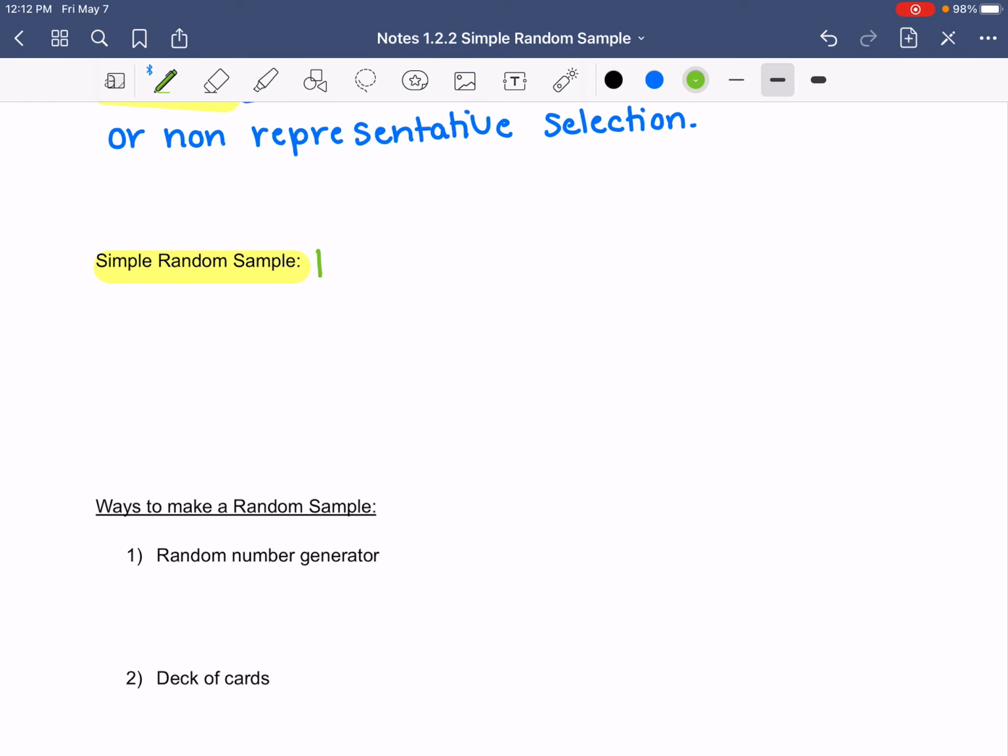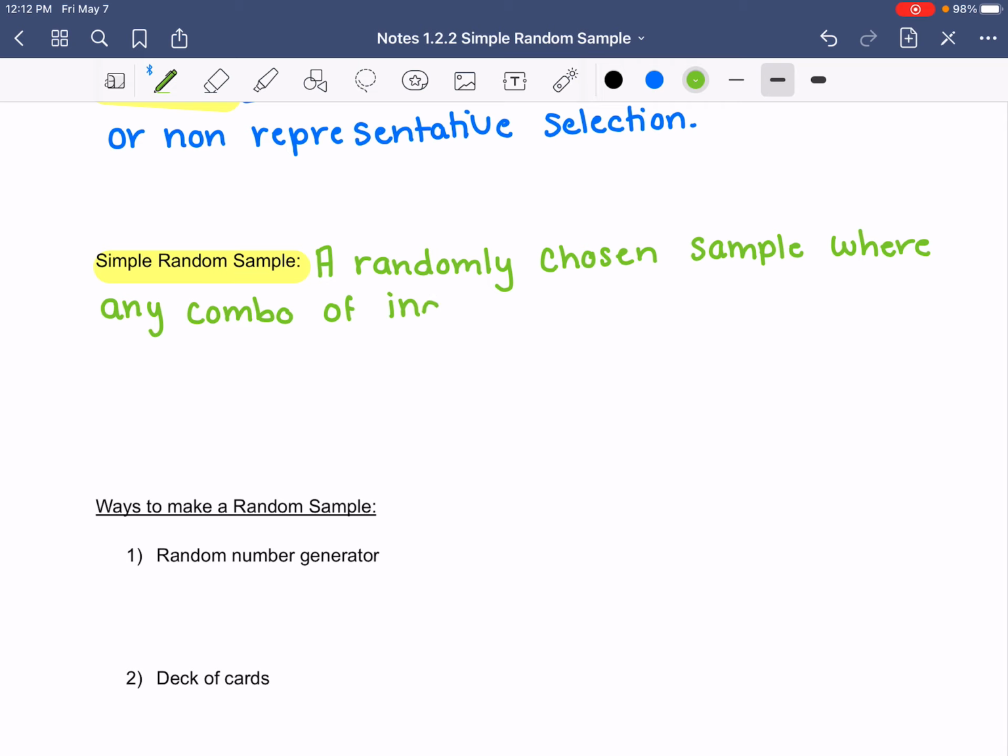So it's just a randomly chosen sample where any combo of individuals from the population has an equal chance basically of being selected.